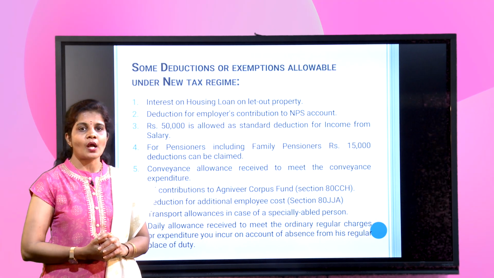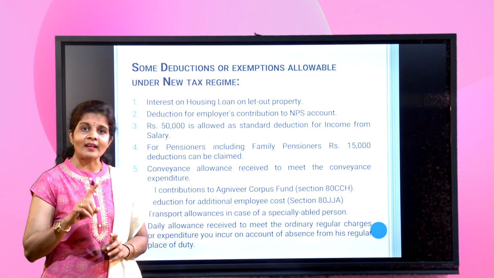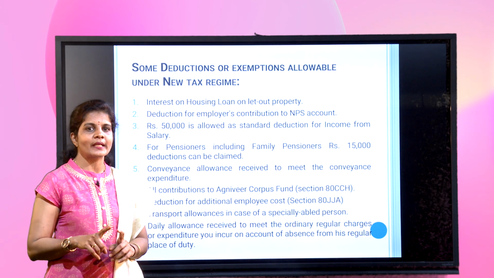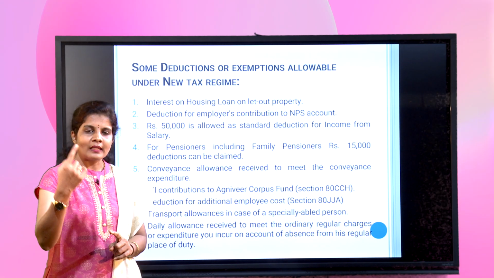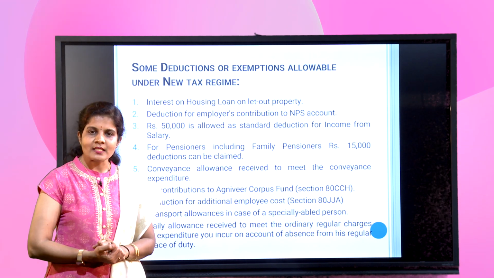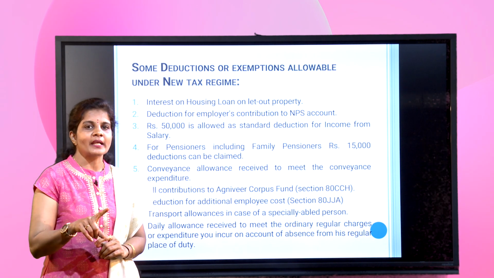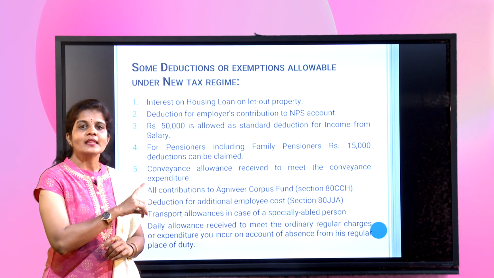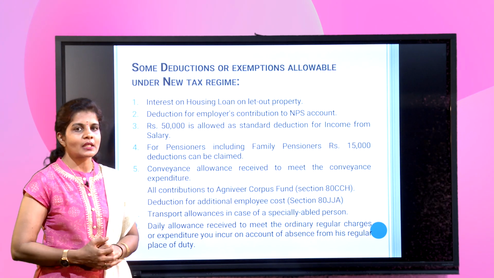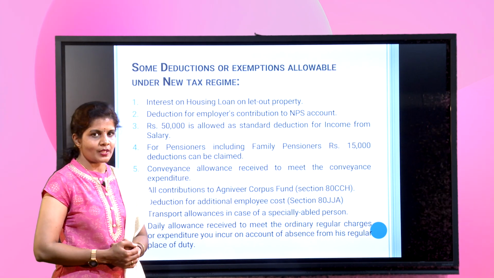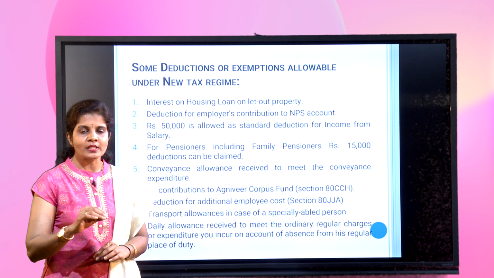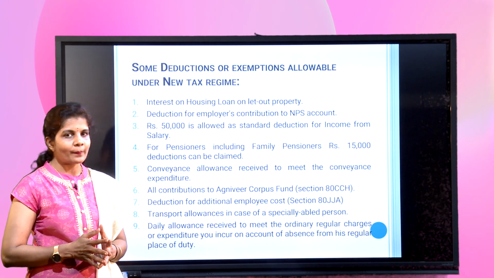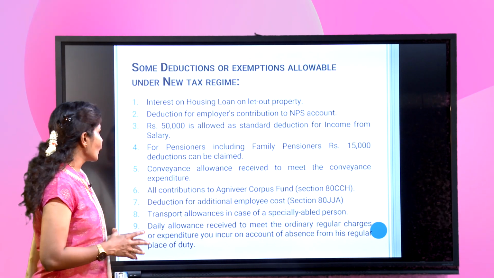Only interest on housing loan is allowable, and that too only if the house property is let out for rent. If an owner has taken a loan on that property, the interest is allowable as a deduction. But interest on housing loan on a self-occupied property is not at all allowed.